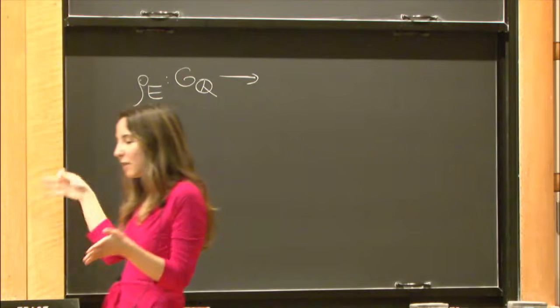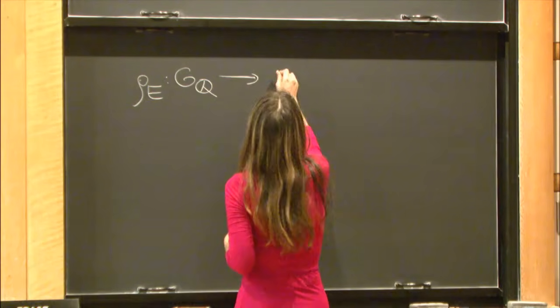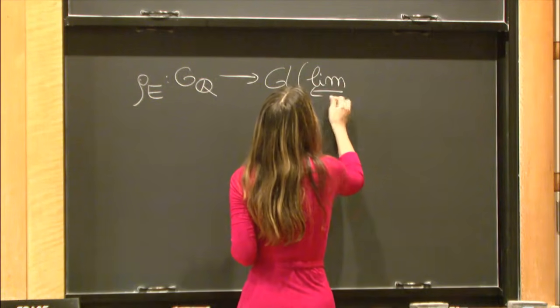And it turns out that as n varies and goes to infinity, these actions are compatible. And what you get is an action on the inverse limit.